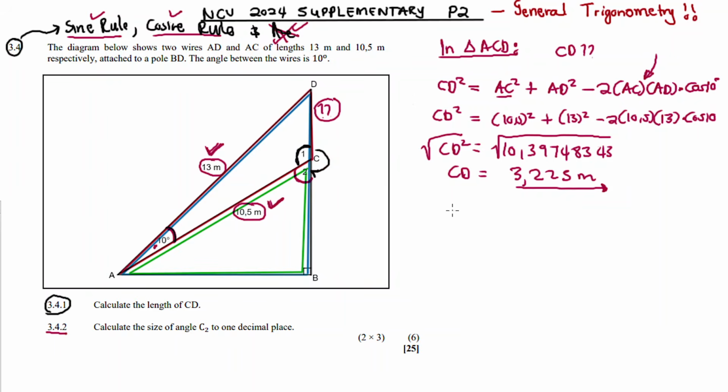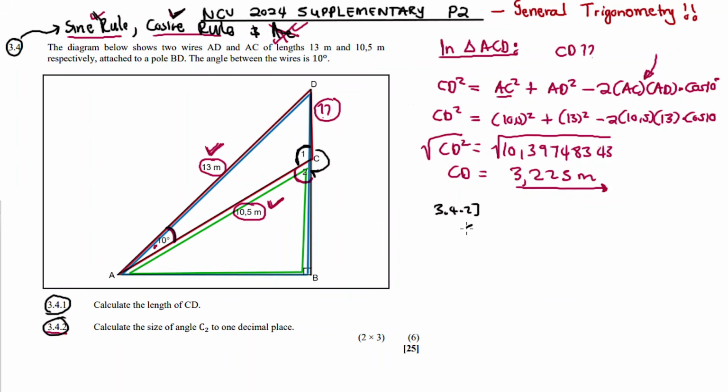So now for 3.4.2, I need to apply the sine rule. So for the first question, 3.4.1, I actually applied the cosine rule. Now for the second one, 3.4.2, we're going to apply the sine rule, right?